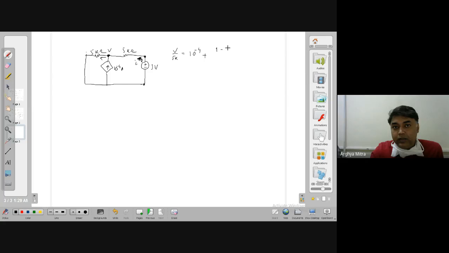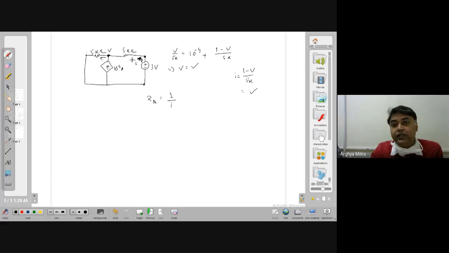So 1 minus V divided by 5k is my I. Okay, so solve for V. You can put the value of V here and you will get the current. And then your RTH will be equal to 1 divided by I. That will be RTH.